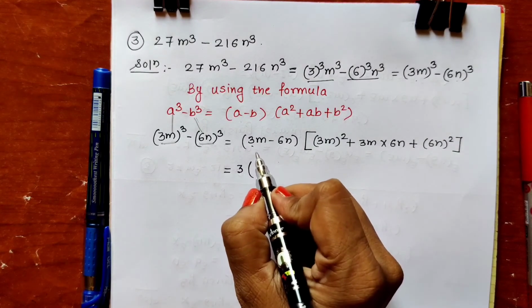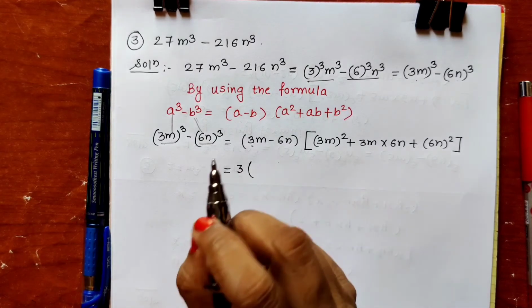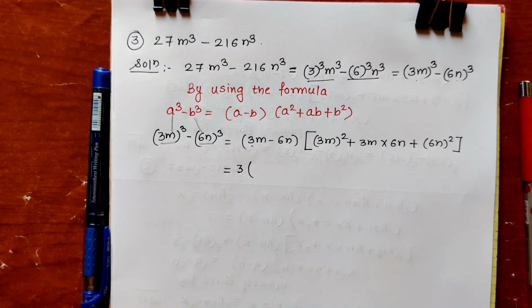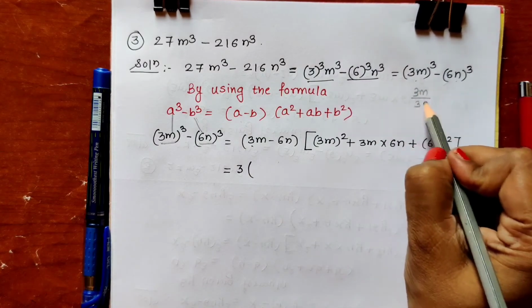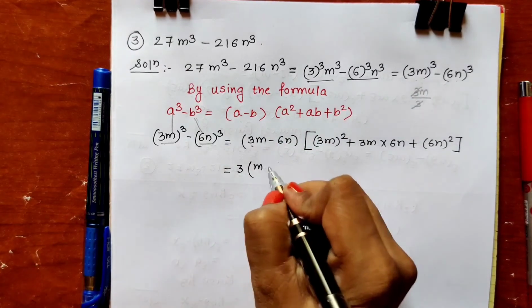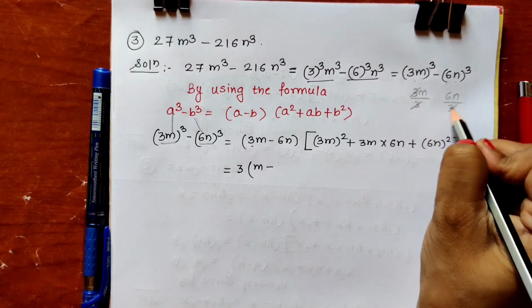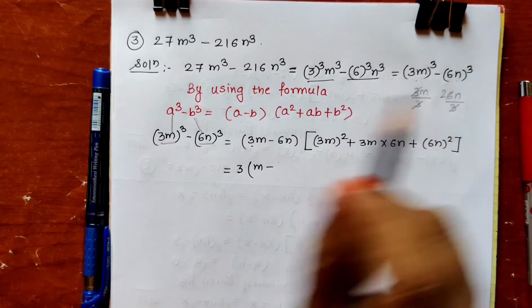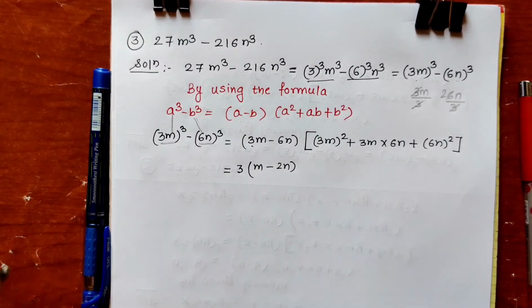We have to divide 3m by 3 and 6n by 3. So 3m divided by 3, 3 cancels, we get m only, minus 6n divided by 3. 3 twos are 6, so we are getting 2n. So in this way we can take out common.